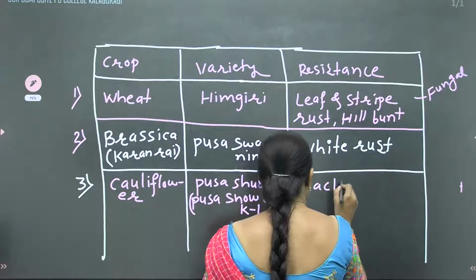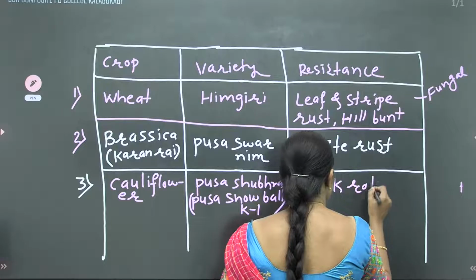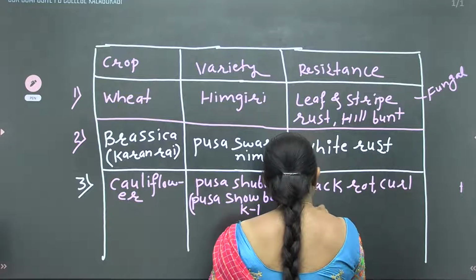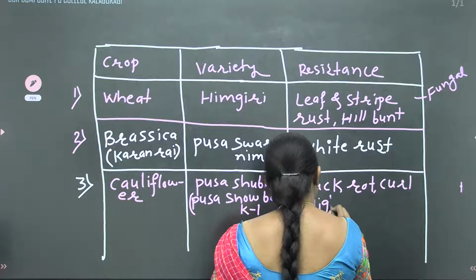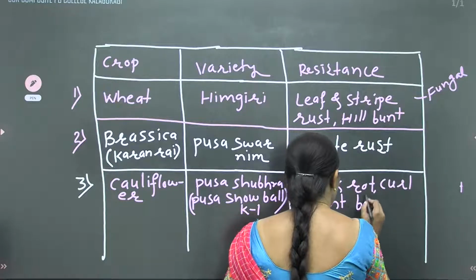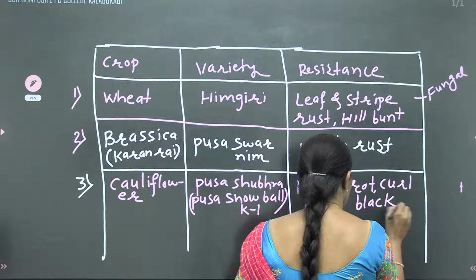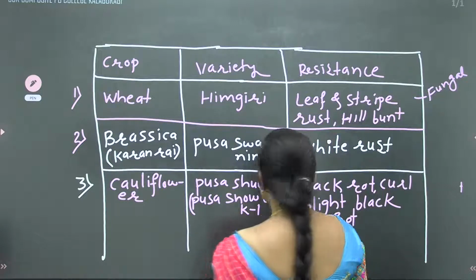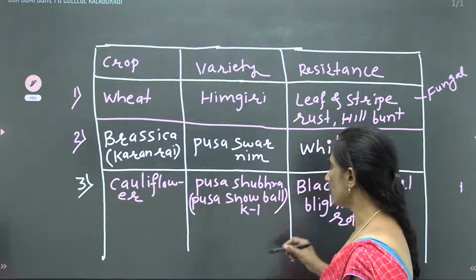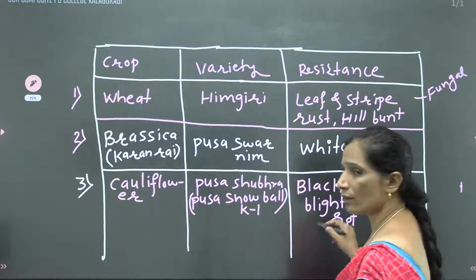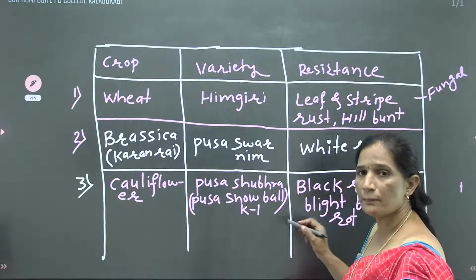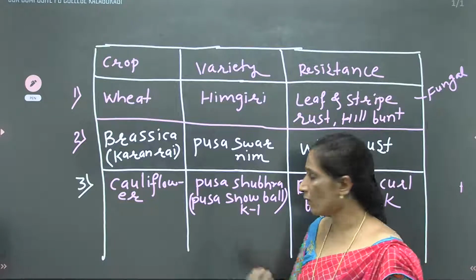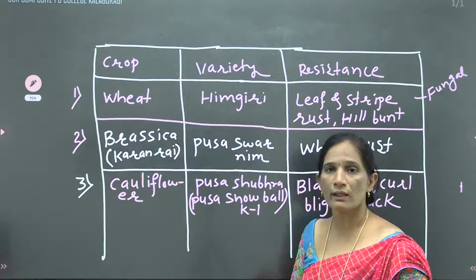black rot, curl blight. The third one is the cauliflower. It is resistant to black rot and curl blight, and the variety is Pusa shubra or Pusa snowball K1.